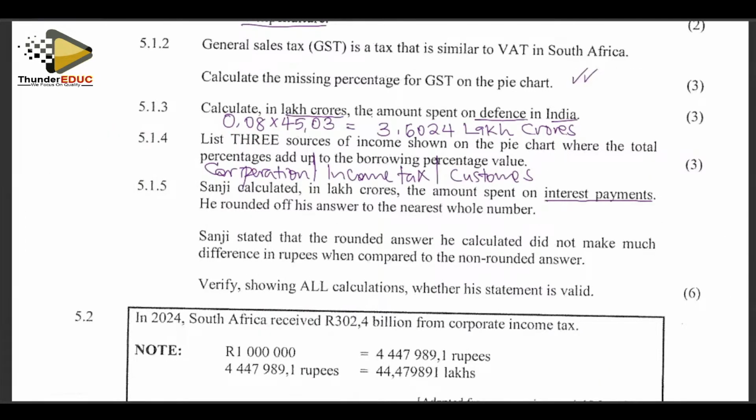So we shall say 20% times 45.03. He said he rounded off the answer to the whole number.